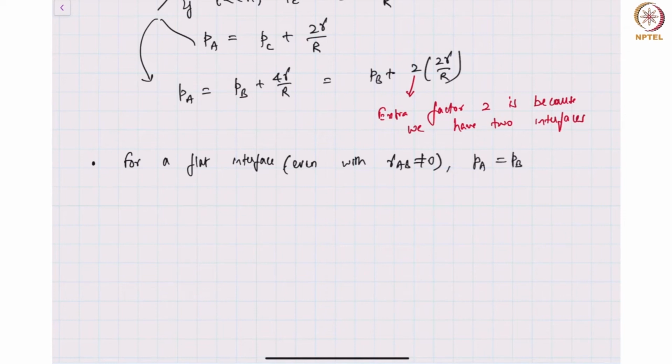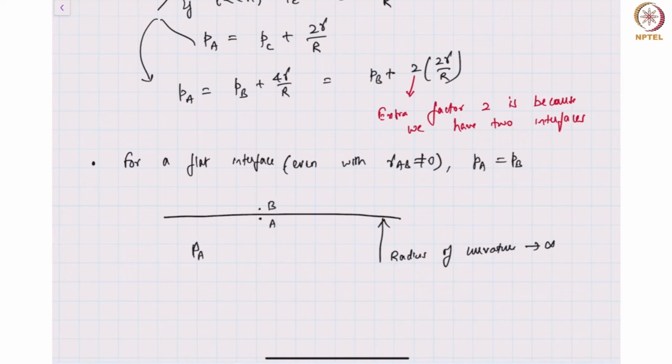Why do we have that? Because for a flat interface, the radius of curvature goes to infinity, and therefore this term 2 gamma by R goes to 0. So for a flat interface, there is no pressure jump across the interface, PA is equal to PB.